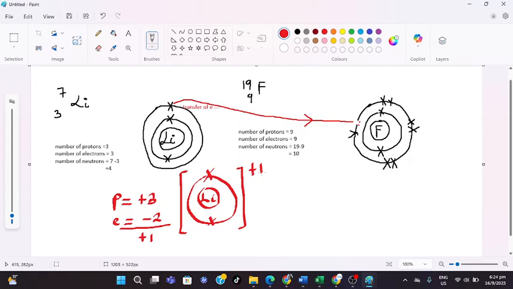But look at the fluorine now. Fluorine comes in now and says, alright, lithium, give me the electron there. So you might have an extra one.